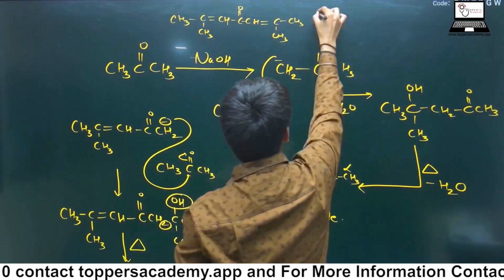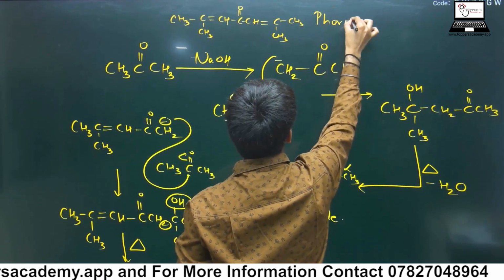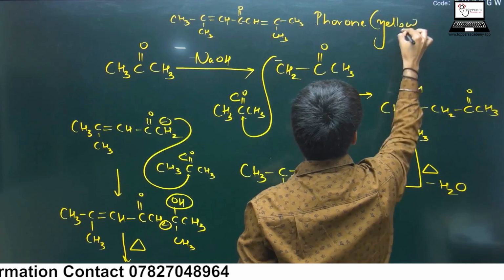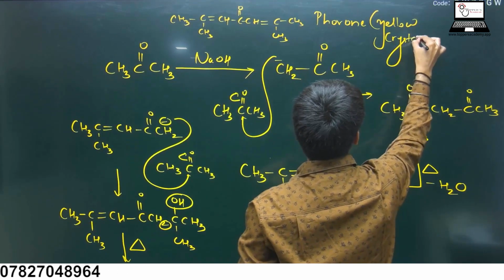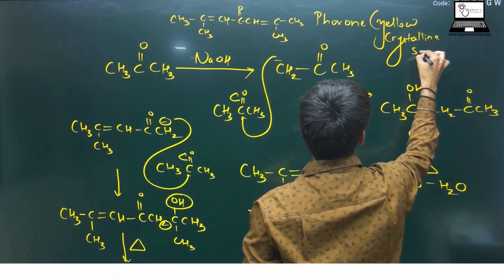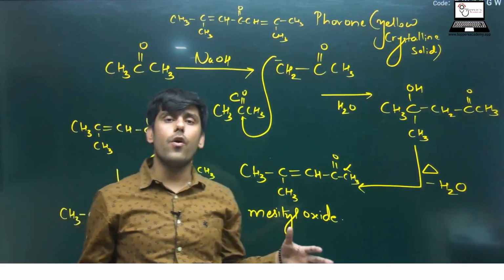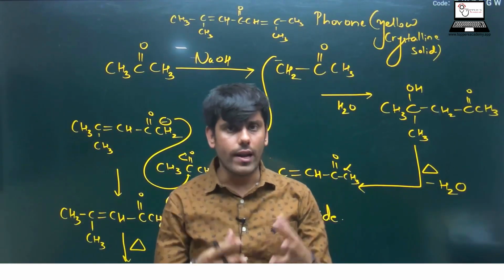And this is called phorone. This is a yellow crystalline solid. So these are some of the examples of aldol condensation or aldol reaction.